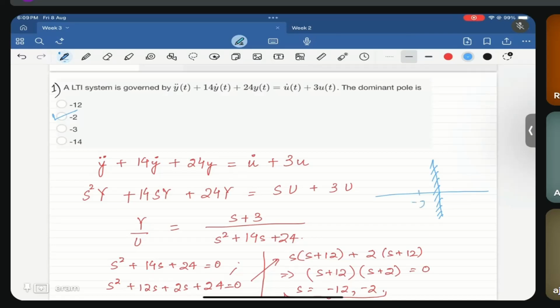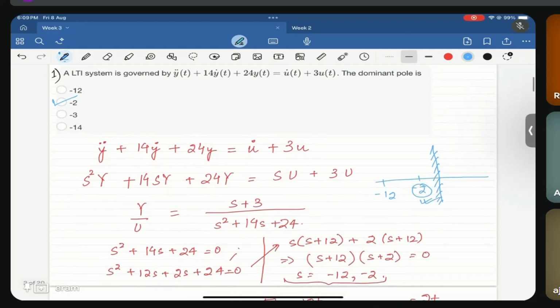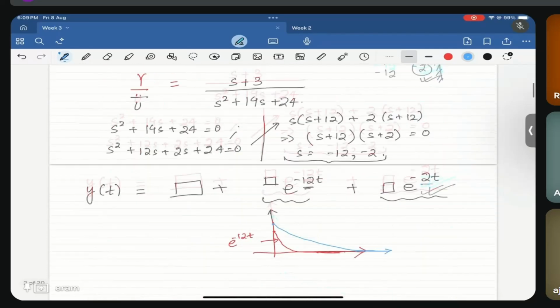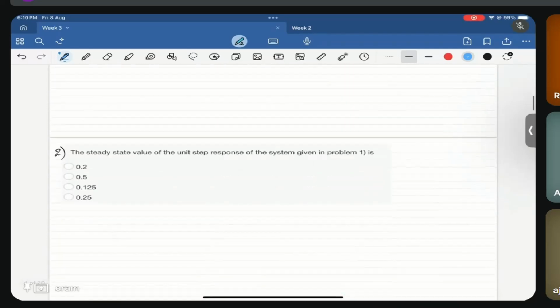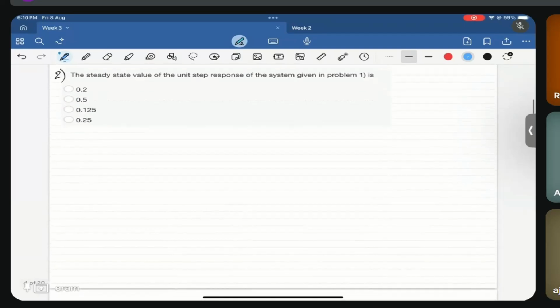We have poles at minus 2 and minus 12, and since minus 2 is closer to the imaginary axis, we say that minus 2 is the dominant pole. Any question? So this was about the dominant pole.